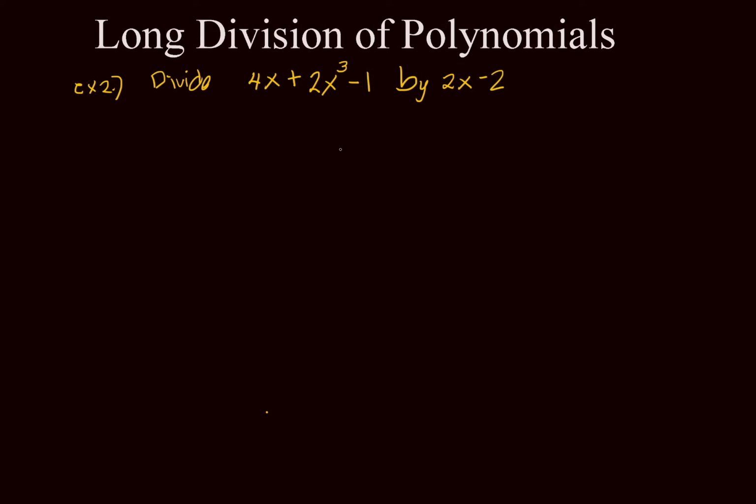So let's begin. Again guys, our 2x minus 2 will be outside our box, and what is inside will be our 4x plus 2x cubed minus 1. Then again, we need to have it in order.